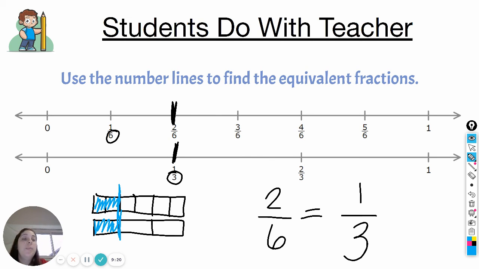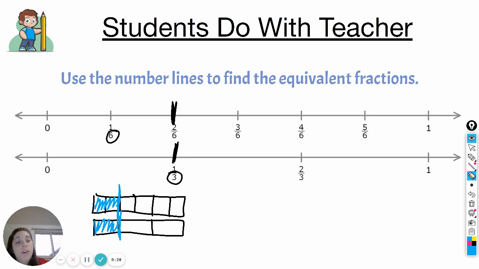But you might have also written another fraction. You might have looked over here and seen that 4/6 and 2/3 also line up at the same spot. So you could have also written that 4/6 equals 2/3.